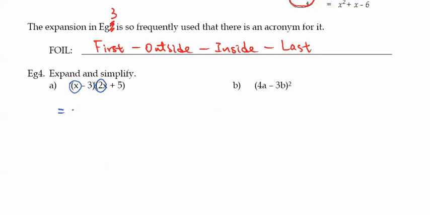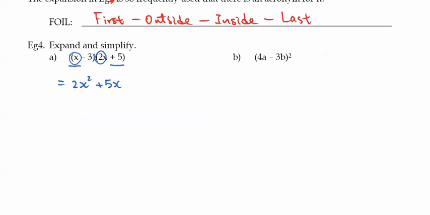First, and then outside, you keep multiplying the terms, and then inside, negative 3 times positive 2x gives us minus 6x, and finally last, the last term of the two brackets, negative 3 times positive 5, minus 15.